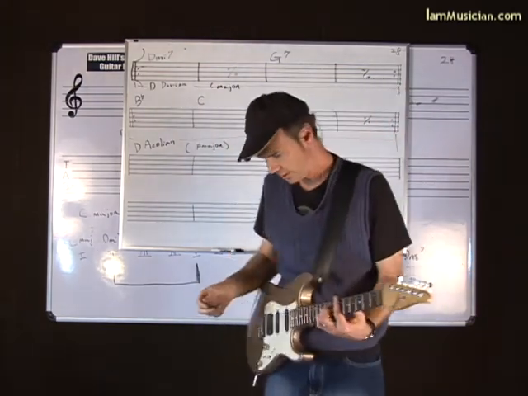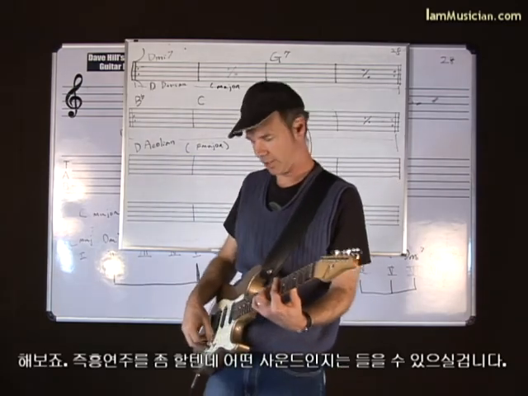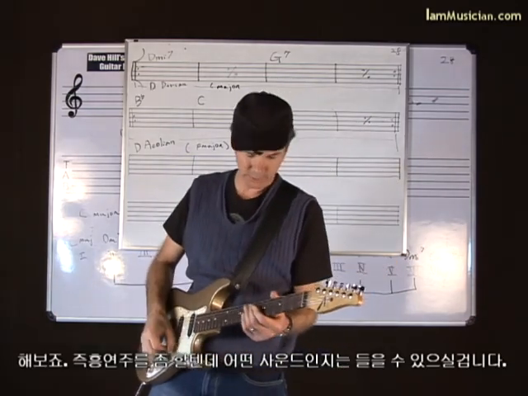Okay, so that's what we're going to do here. So check this out. I'm just going to improvise a little bit and you'll hear how that sounds. Okay, here we go. 2, 3.